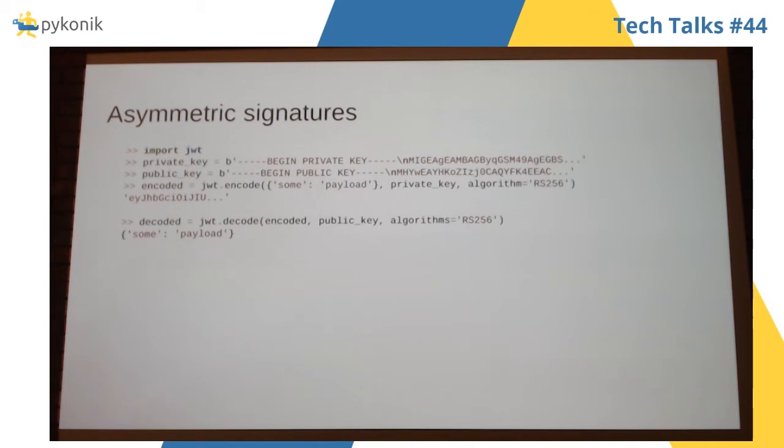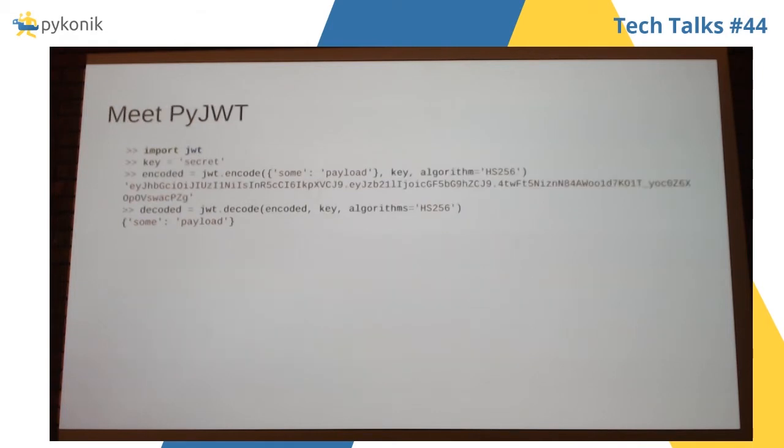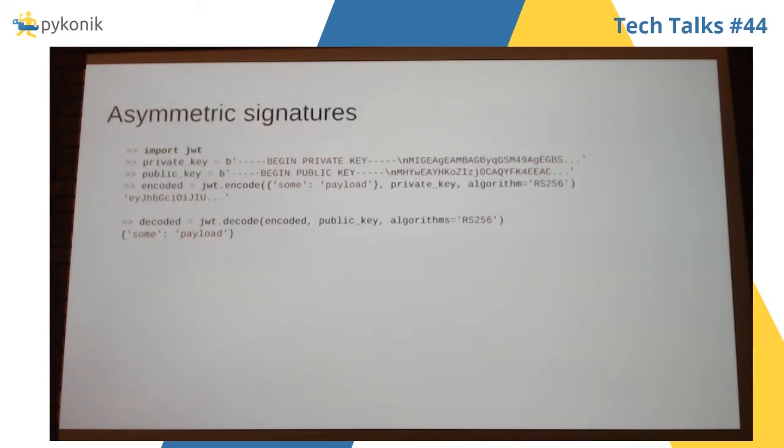And for decoding, you are providing just the public key, and you can see that this public key for asymmetric is provided in the same argument as the key in the request. So if you are using asymmetric signatures, always specify the algorithm.